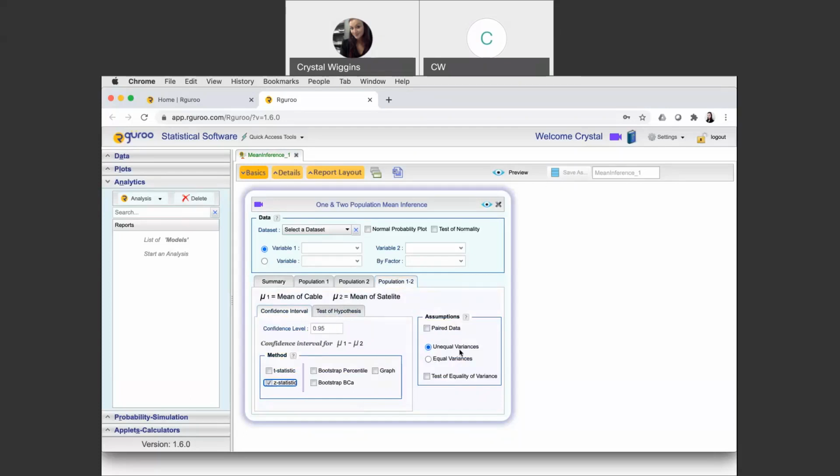Our sigma is known, so that's why we're using a z-test statistic. Again, it's saying, hey, if it's paired, also known as dependent samples, don't forget to check this box. Ours are independent, coming from completely different populations. Our variances are unequal, which is already defaulted because it noticed that when I entered them. And let's hit our little eyeball.